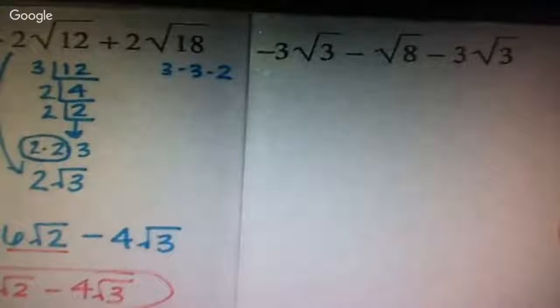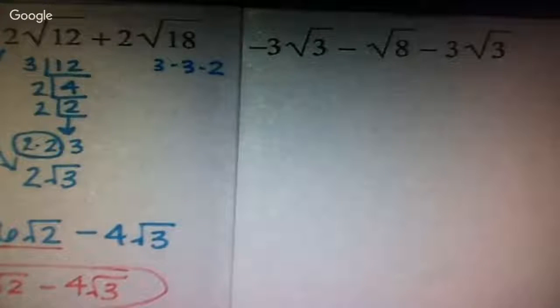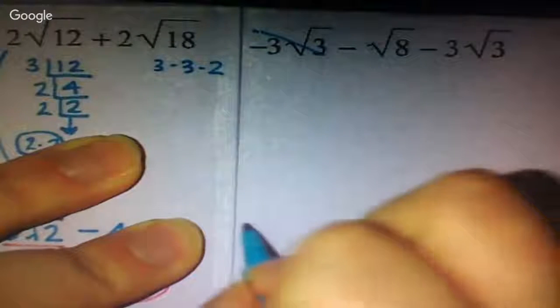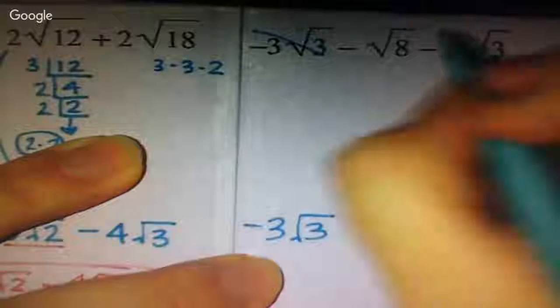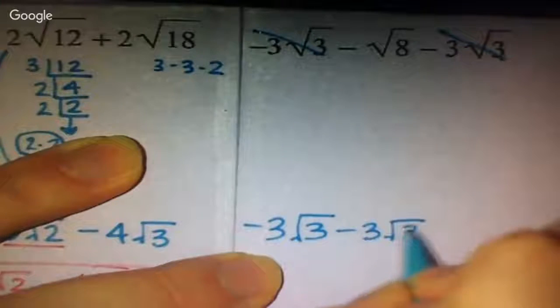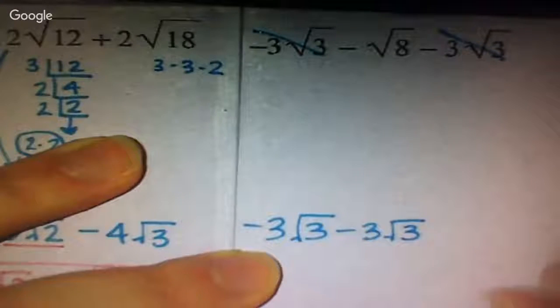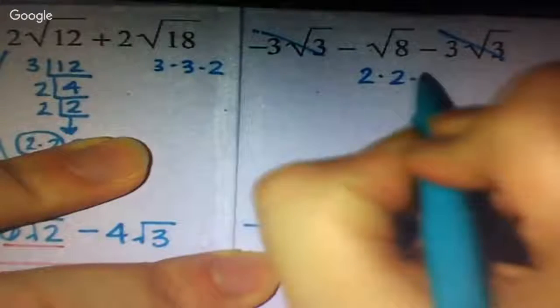All right. Last one in this little booklet. -3 square roots of 3 minus the square root of 8 minus 3 square roots of 3. Two of them are already prime. Which ones are prime, Shania? Good. Shania says that this one's prime, so I can bring down -3 square roots of 3. And this one's prime, -3 square roots of 3. 8, we've already broken down. 8 becomes 2, 2, and 2.